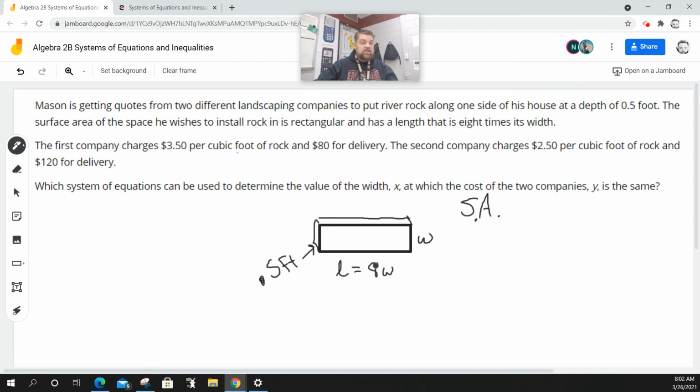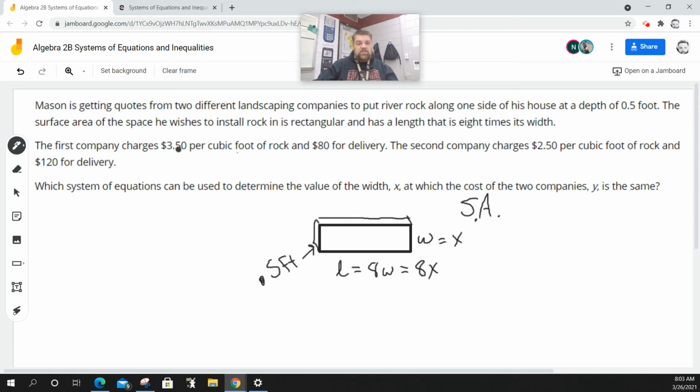I think we're going to plug it in and find out in a second. And then they want the width to be x, so I'm going to say this is equal to x, so the length will be equal to 8x.